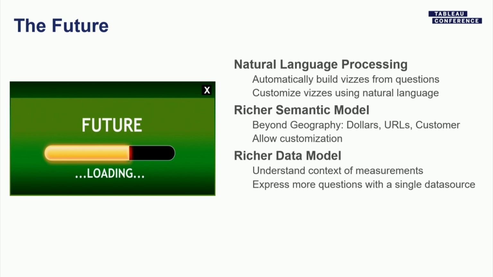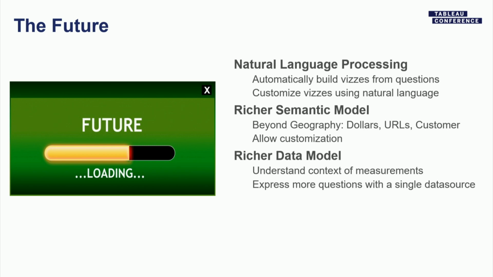One of the big outcomes of that feature is that we'll be able to answer more questions with a single data source. Today, if you have employee questions, sales questions and customer questions, you probably need at least three data sources, because if you try to use one, you get all these replication messes.